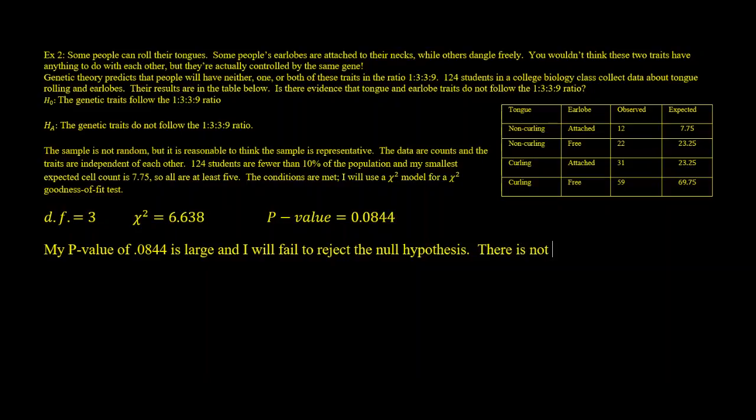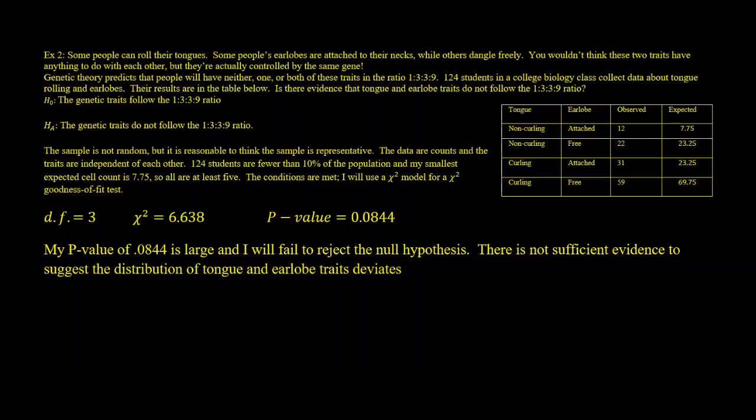There is not sufficient evidence to suggest the distribution of tongue and earlobe traits deviates from the 1:3:9 ratio.